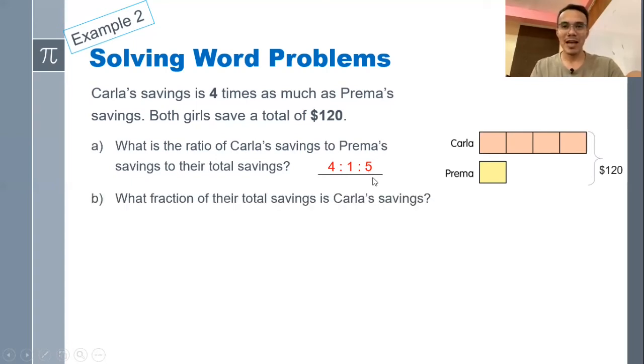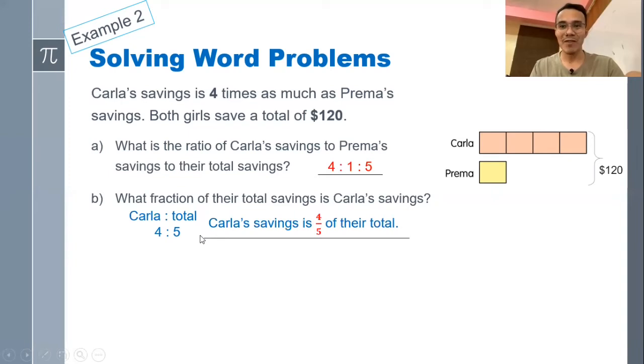Let's have letter B. What fraction of their total savings is Carla's savings? In other words, Carla's savings is what fraction of their total savings? The ratio of Carla's savings to the total is 4 to 5. 4 units for Carla, 5 units for the total.